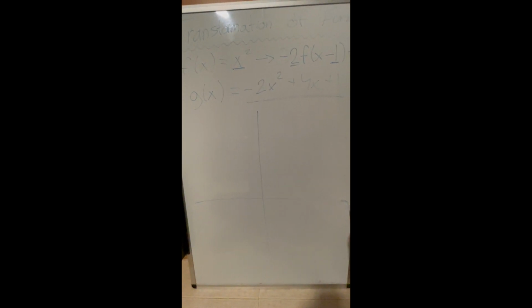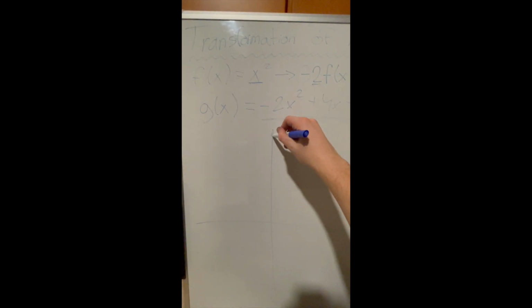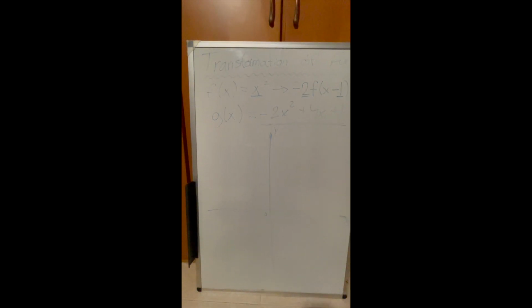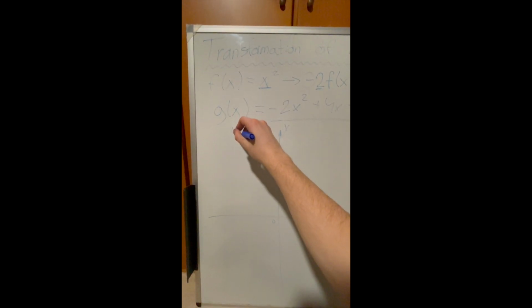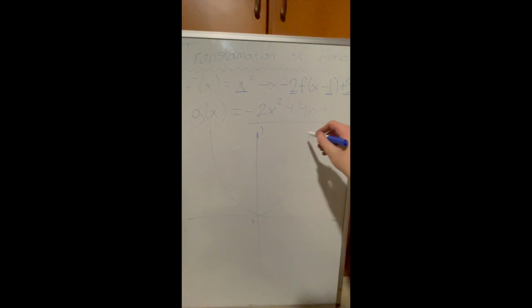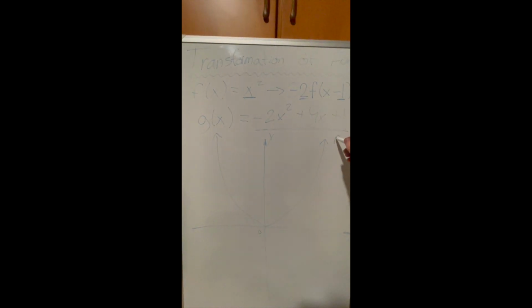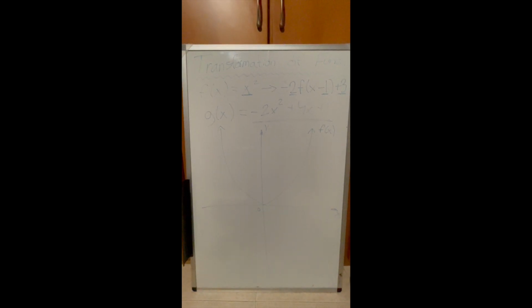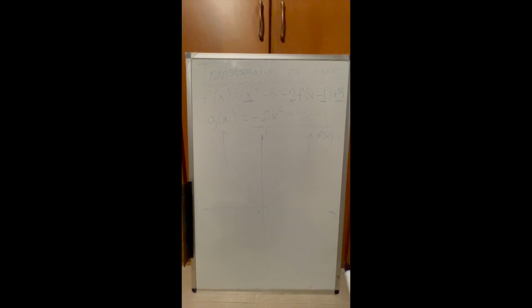Here we have our x-axis, and our y-axis, and our 0. The first one, our parabola, is like so. This is f of x. And now, since it is a combined transformation, where do we start?